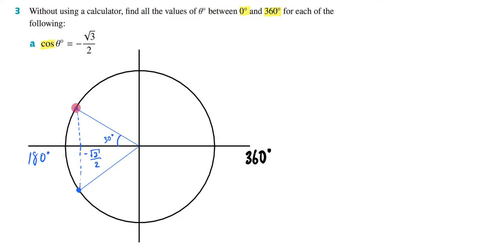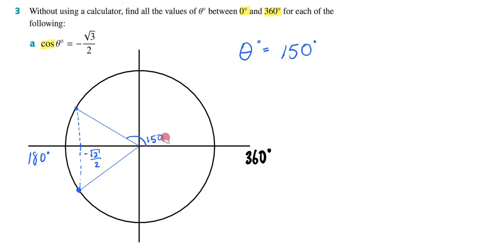So that means that this point here is 180 minus 30 degrees. So it's going to be 150 degrees. So this from here to here will be 150 degrees because I know that this is 30 degrees here. So I could go 180 minus 30 is 150. So that means that in terms of theta, my first answer will be 150 degrees.